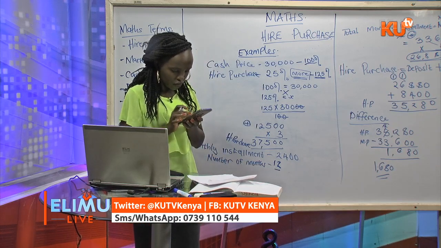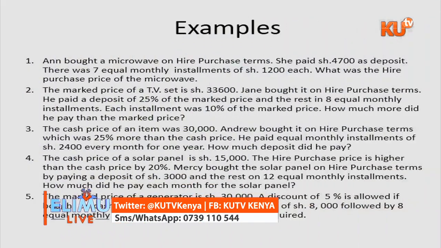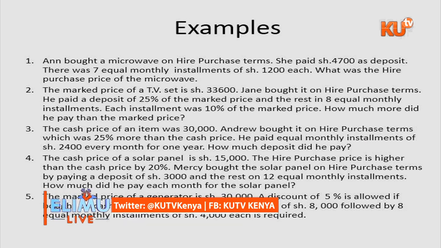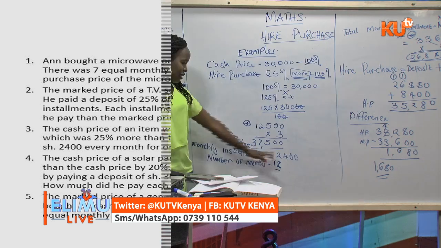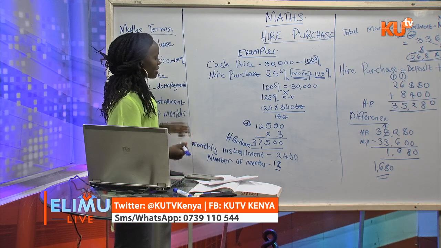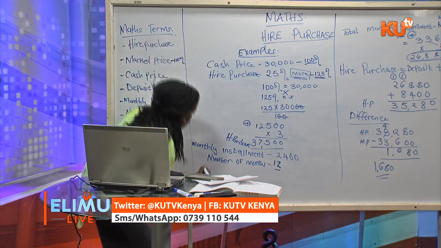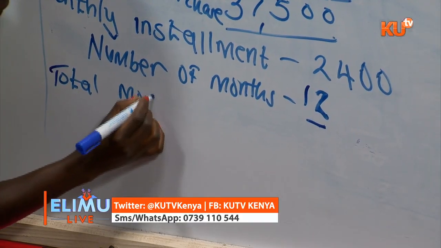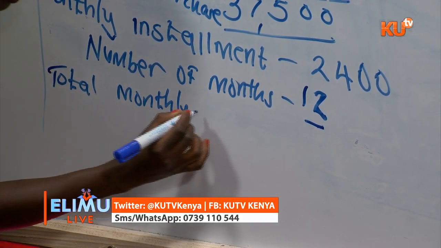Now we continue with our question. The question is how much deposit did he pay? This is easy. We have the monthly installment and we have the number of months. So our next step is to get the total monthly installment.